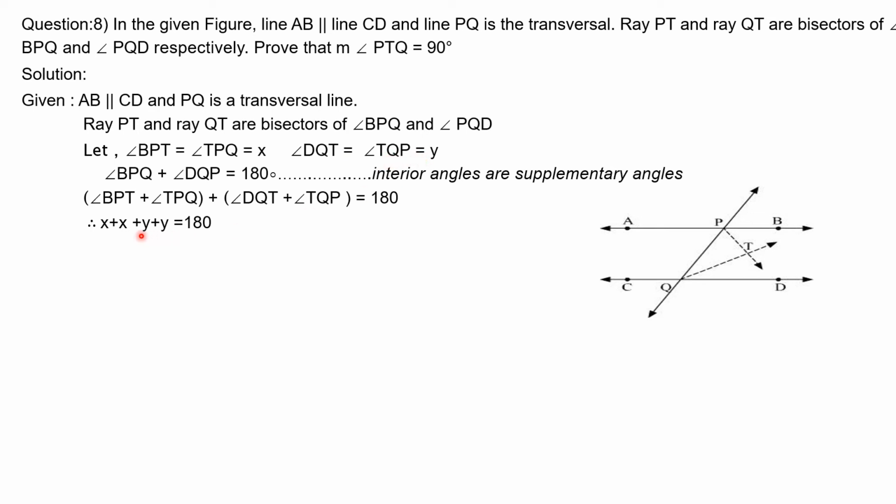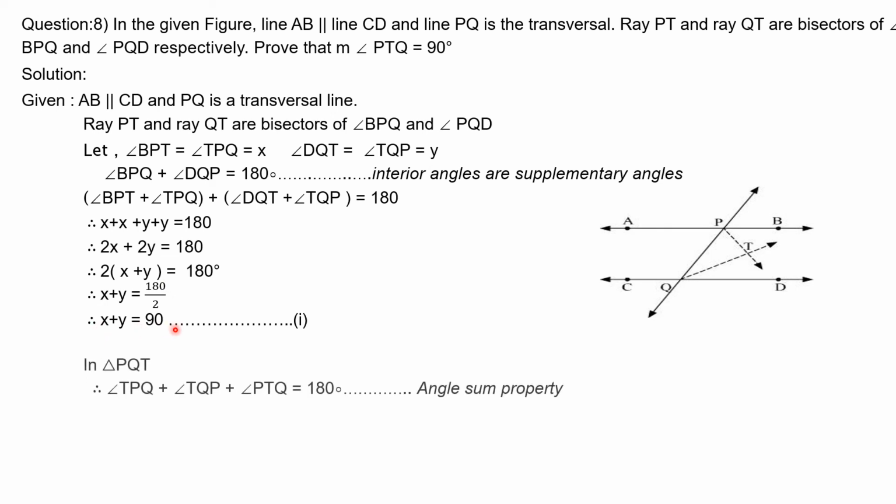So x plus x plus y plus y is equal to 180. 2x plus 2y is equal to 180. Here 2 is common, so x plus y is equal to 180 upon 2. So x plus y is equal to 90 degrees, equation number 1.